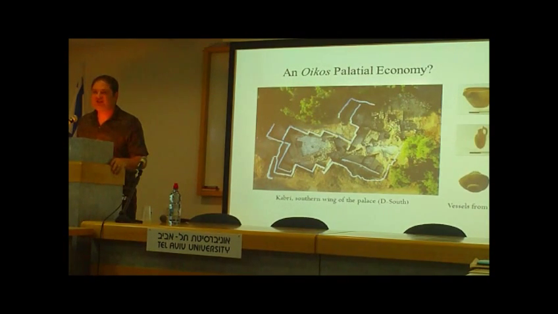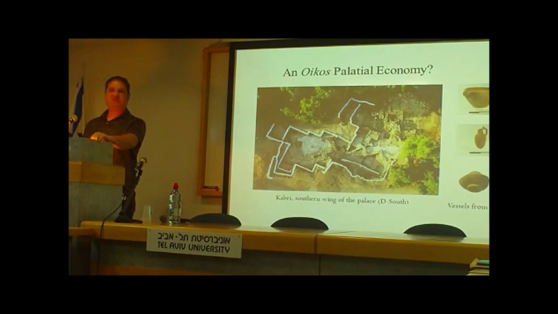An interim suggestion, because I have to offer some kind of alternative to the redistributive cuneiform-using system, which can be some variant of the oikos palatial economy. It was widely used to describe the Mycenaean palaces, starting with the works of Small in 1998, calling the Mycenaean palaces estates rather than states.